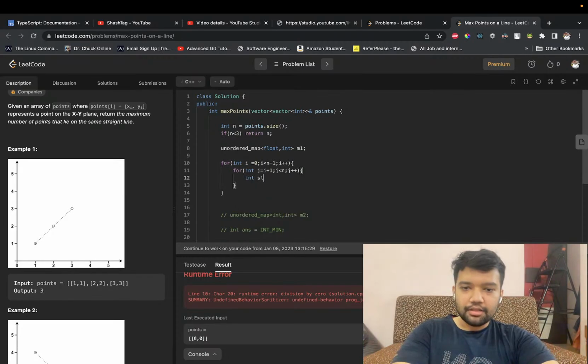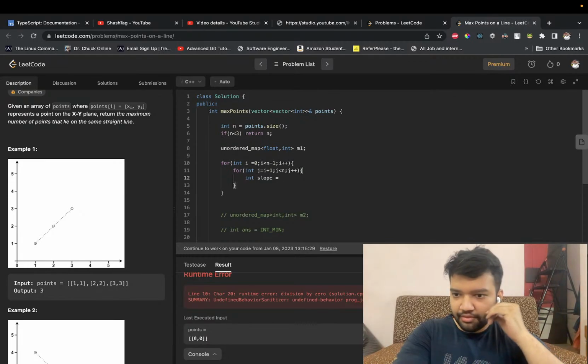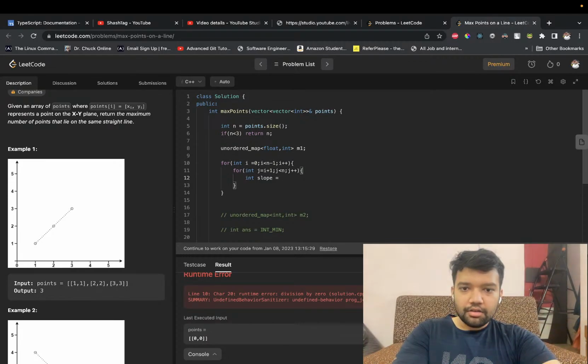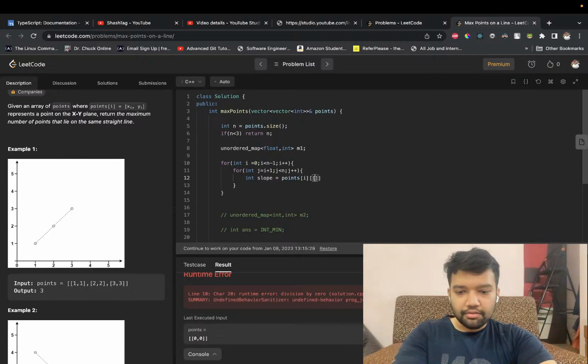And slope is equal to points of i of 0. It's x, y, so 1 doesn't matter there. Minus points of j of 1.